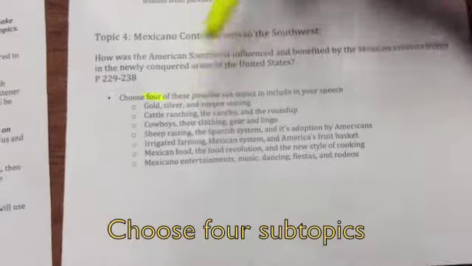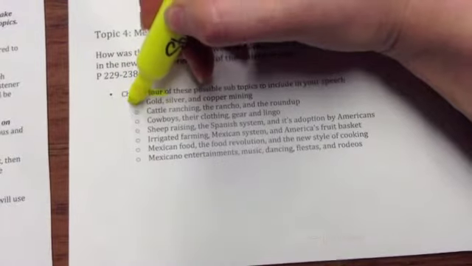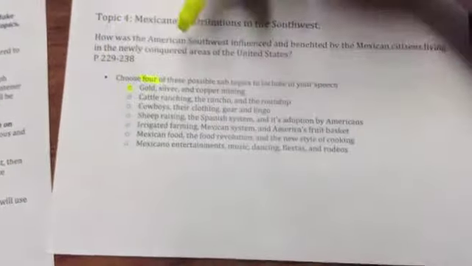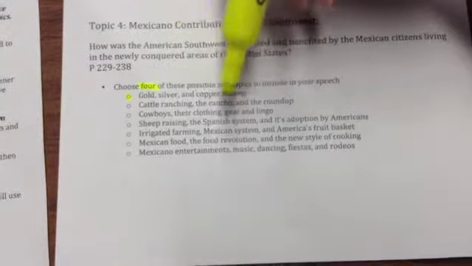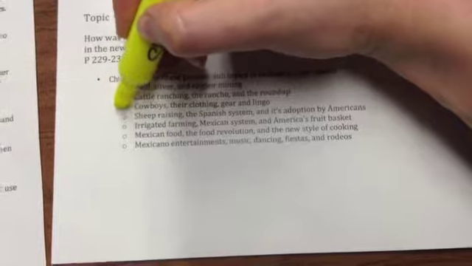So gold, silver, and copper mining, I'm definitely interested in that, because that's all about the money. And cattle ranching, the rancho and the roundup, cowboys, their clothing, gear, and lingo, I'm interested in that.